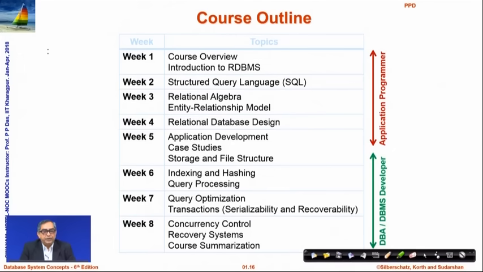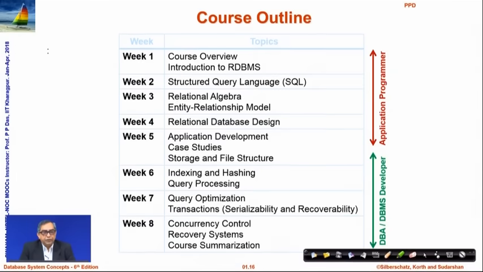They are called application programmers. That is the first level in terms of database understanding, and you must target to become a master of application programming to get started with.